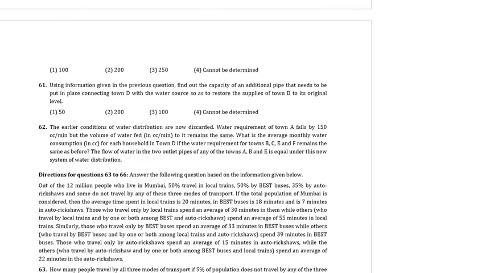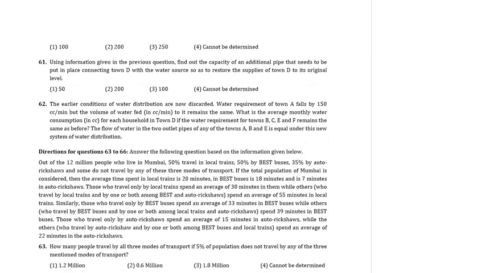The last one that we spoke about was something fairly simple if you started looking at it. 12 million people live in Mumbai, 50% travel in local trains, 50% by bus and 35% by auto. Some do not travel. So you would start making the Venn diagram, and you would get the value of local train as 6 million, BEST as 6 million and so on.